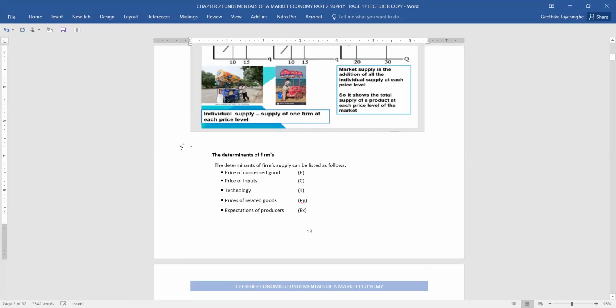Okay, what will determine the determinants of firm supply? What will decide the price supply?